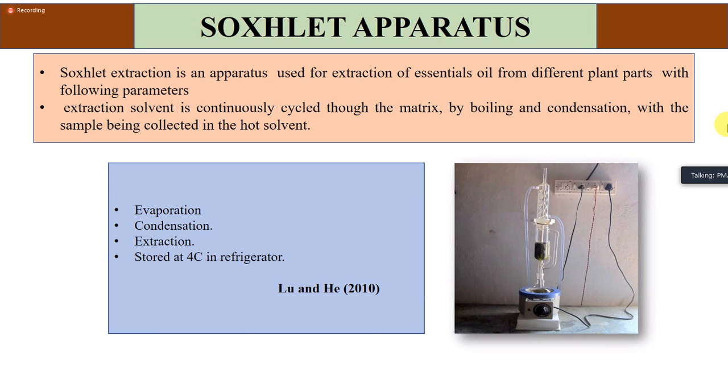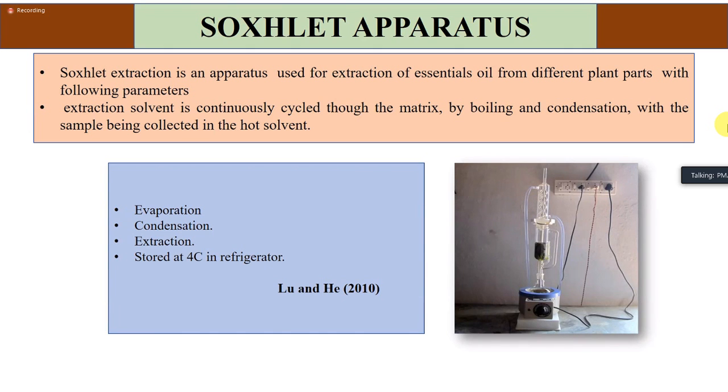You can see the lowest part is a round bottle on a heating mantle, and in that round bottle we place our solvent. The above portion is the condenser, in which we place our dry sample.